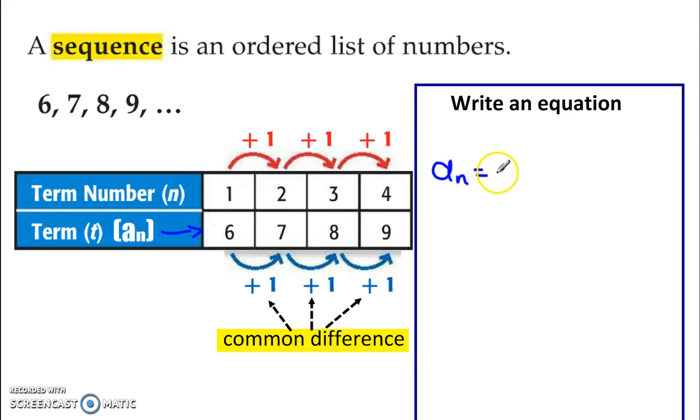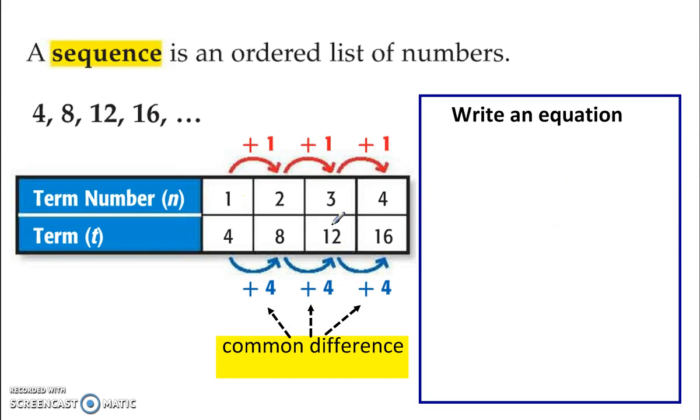So it seems to be n, the term number, plus 5. Right? So if I plugged in 1 here, if I did a1, let's test that. We plug in 1 there, plus 5, and that gives me 6. A1 is 6. Correct. All right.